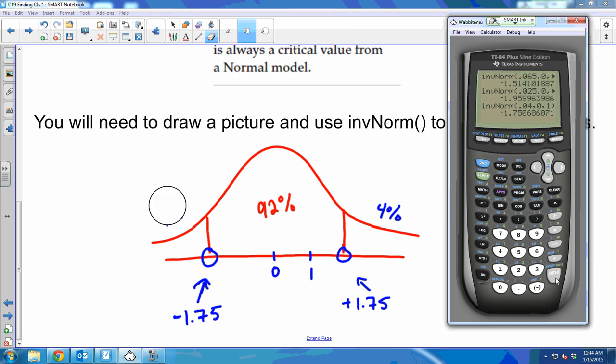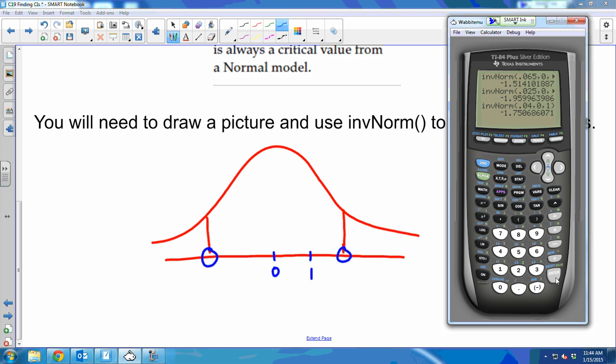Yesterday, using this idea, we talked about 95% a lot. Well, if we have 95%, yesterday we used 2 standard errors. It's not technically 2, or it could be more precise than that. All right? So if you have 95% confidence, what percentage is left over for each side? 2.5.